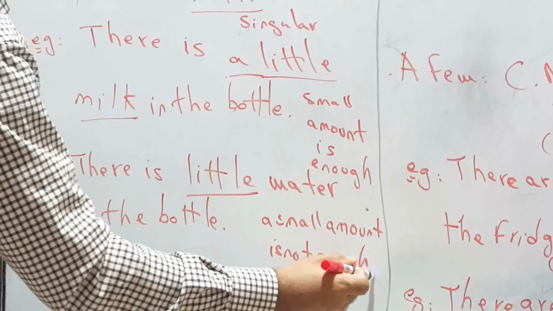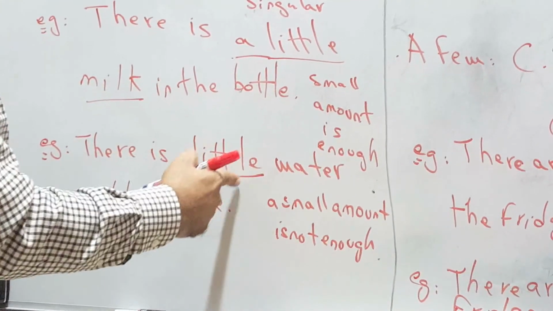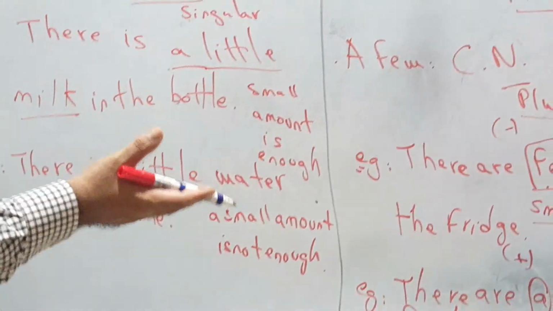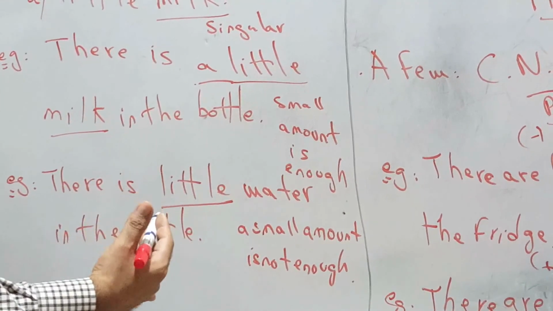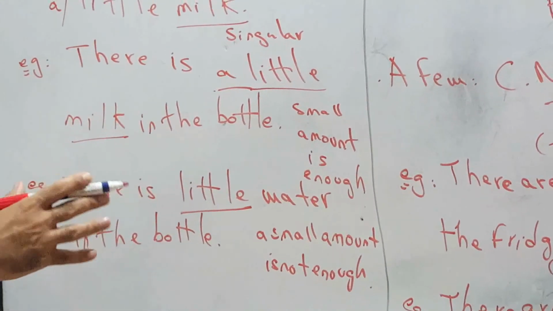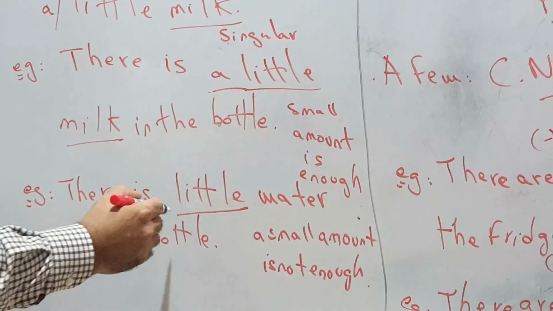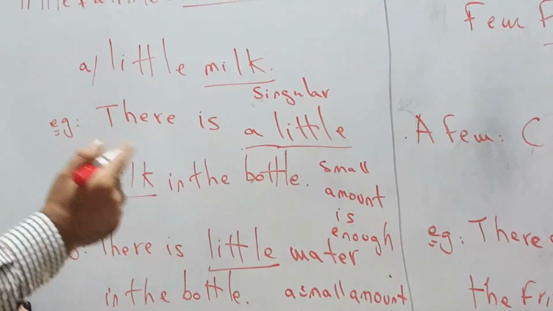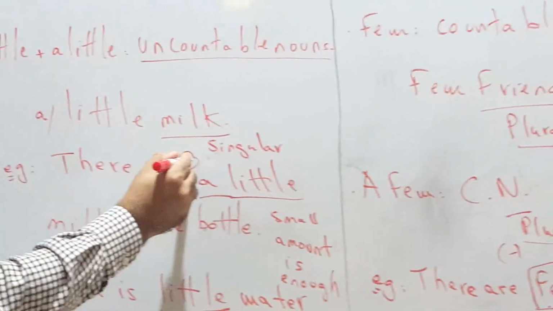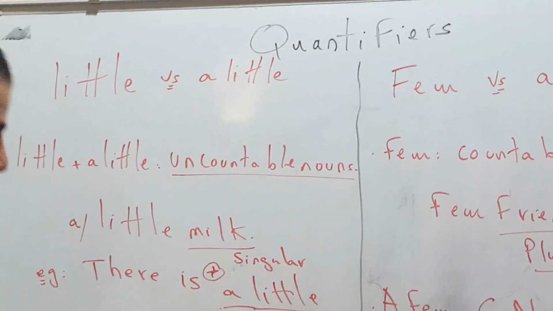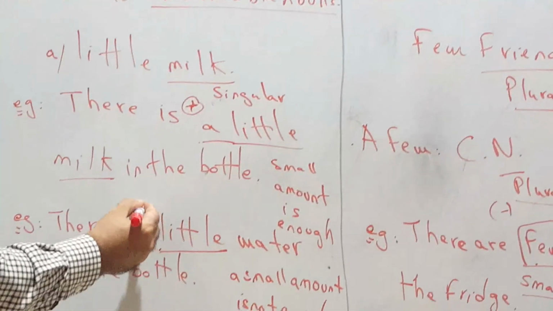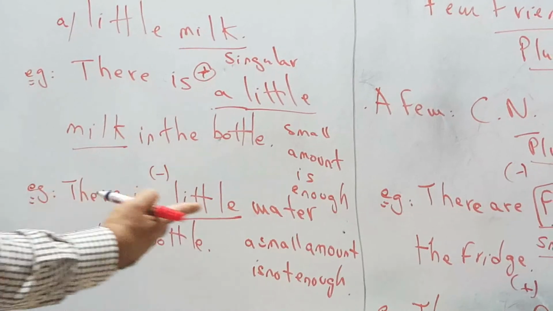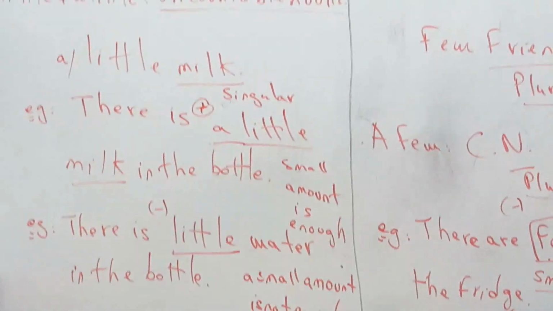So I am really thirsty, and this small amount of water is not enough for me. So when something is not enough, I use little, and when it is enough and satisfying for me, I use a little. So here the context must be positive and I must be happy with this small amount, while here I must be not satisfied with this small amount, so I use little.